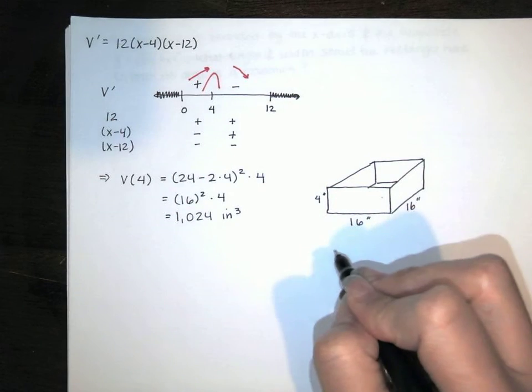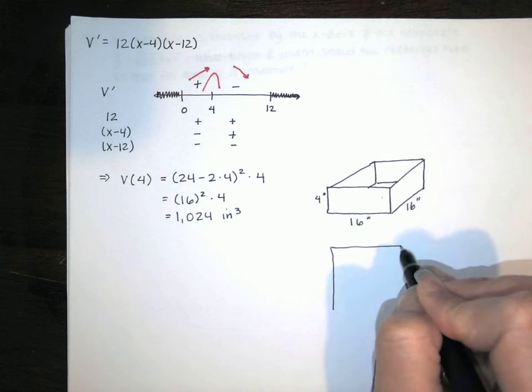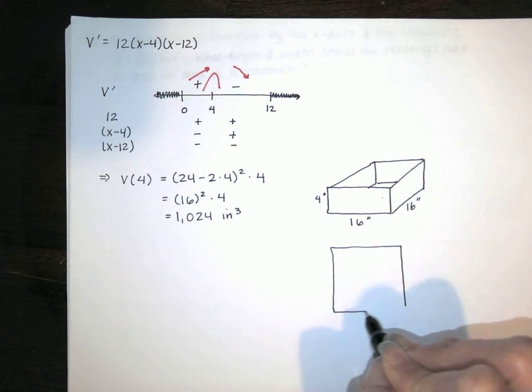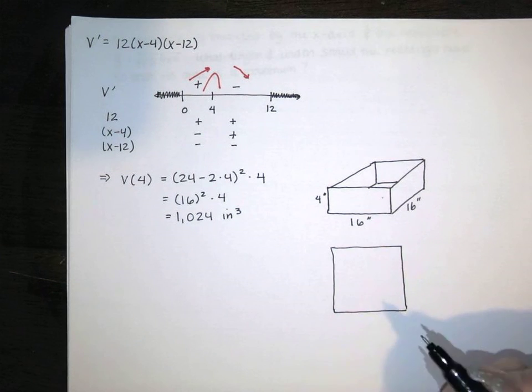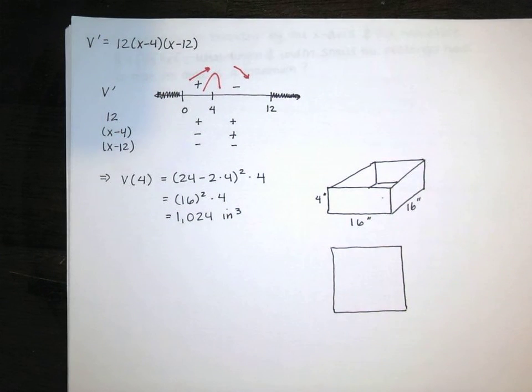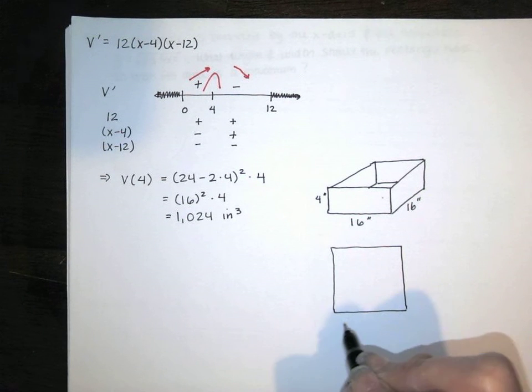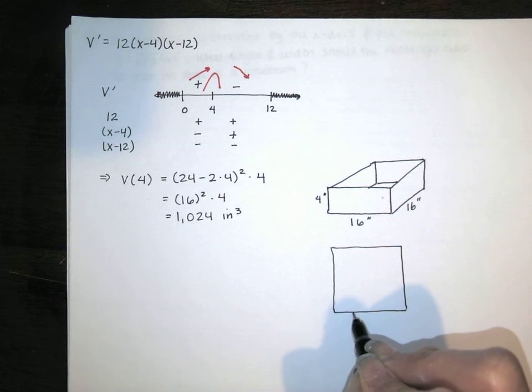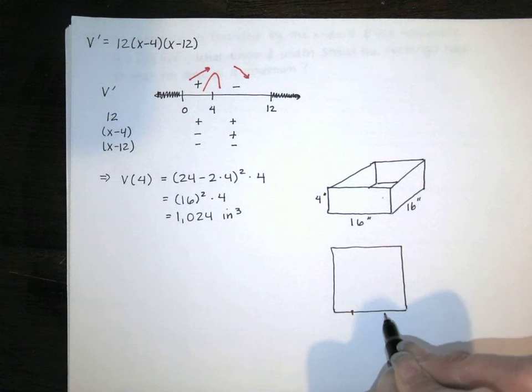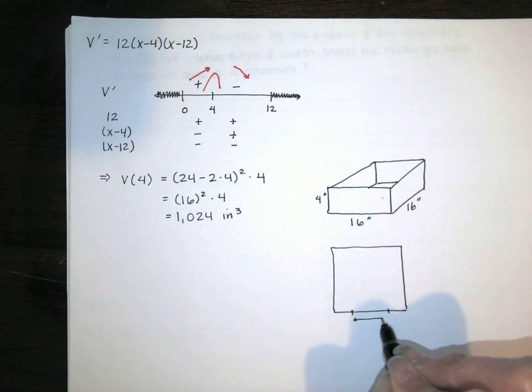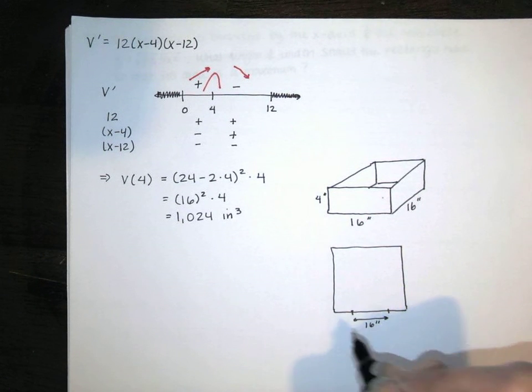And remember how this started. It started as a piece of paper that looked like this. I have not drawn it to scale. Not consistent with that picture, sorry. But if this is 24 inches across, we said that's 16 inches.